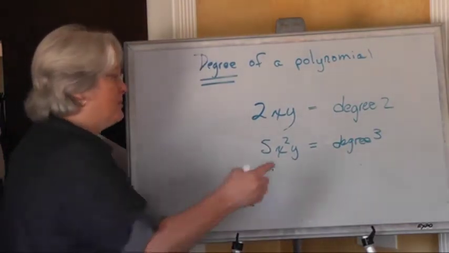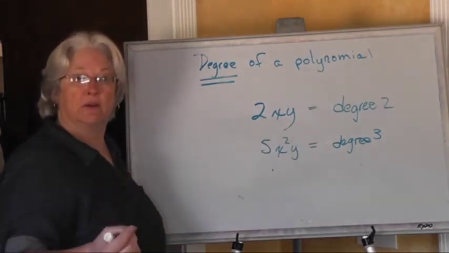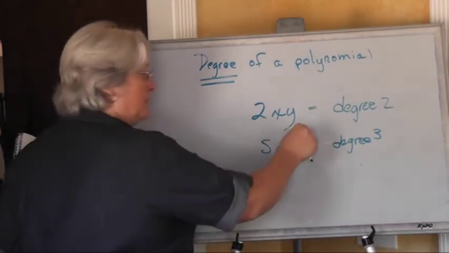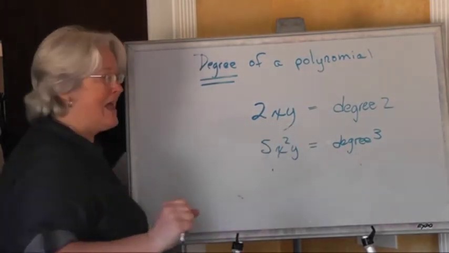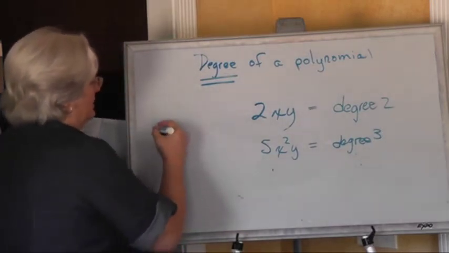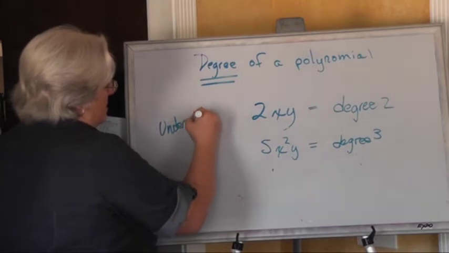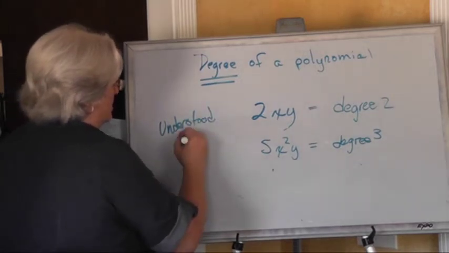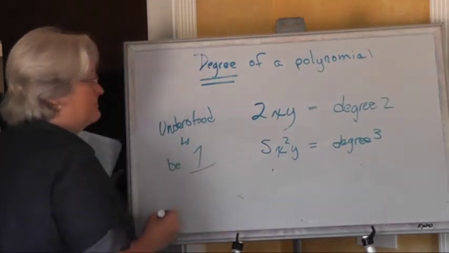What you have to remember is if there's not an exponent on the variable, it's understood to be 1. So you have to remember to add the 1 that isn't written down. So we say it's understood to be 1.